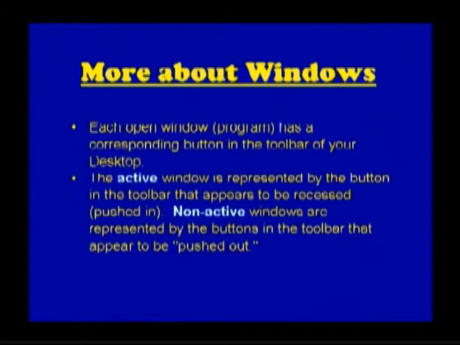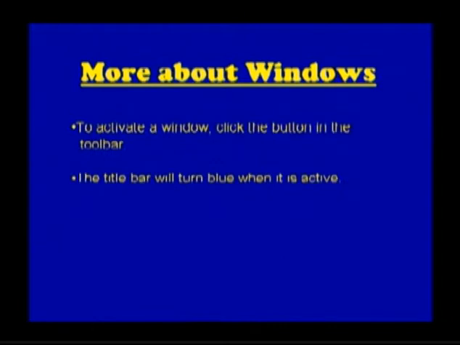The active window is represented by the button in the taskbar or toolbar that appears to be recessed or pushed in. The non-active window is represented by the button that appears to be pushed out. To activate a window, click the button in the toolbar or taskbar.